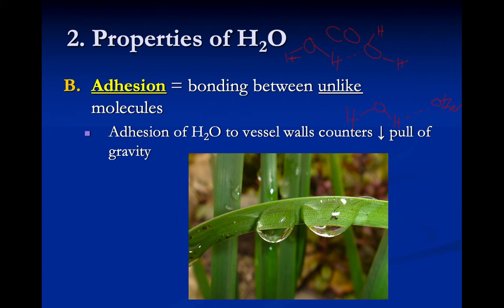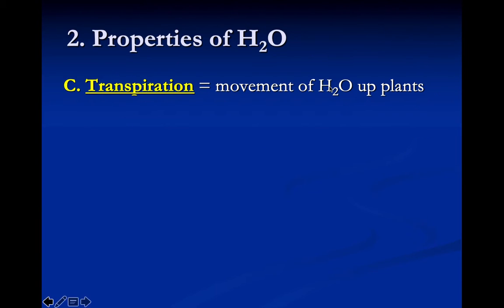It really likes it there, and it's even fighting against gravity. When you see dew on grass, often you can see that it's fighting gravity because it should be falling and it's not. The adhesive force is just how water likes to hang out with other things, and that's also because of its polarity. Its polarity is pretty much the reason for all of the cool stuff we're going to talk about in water.